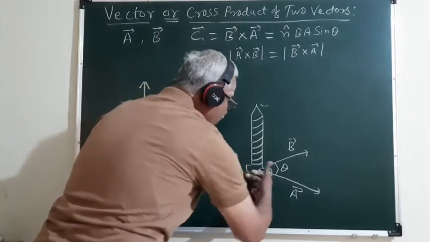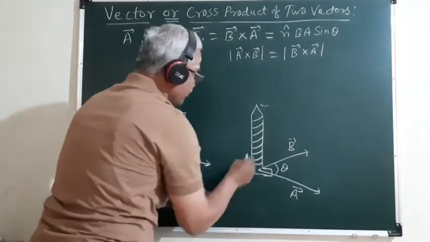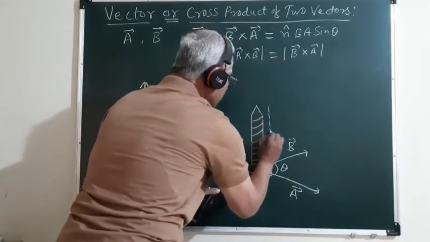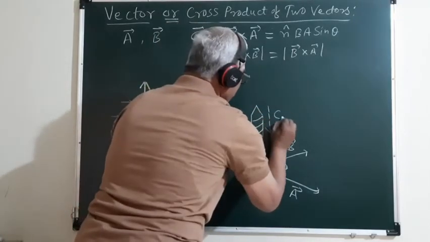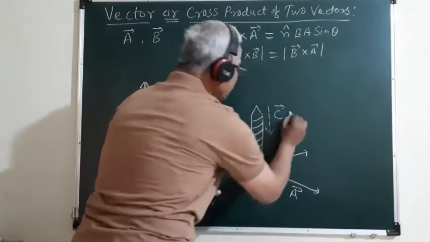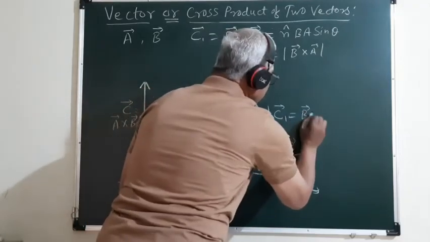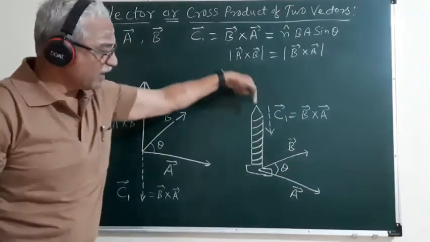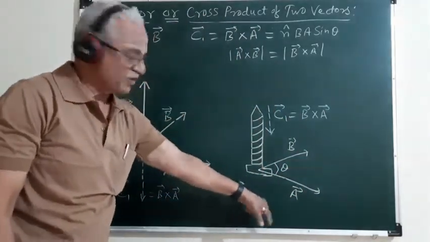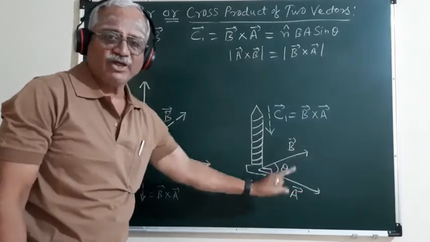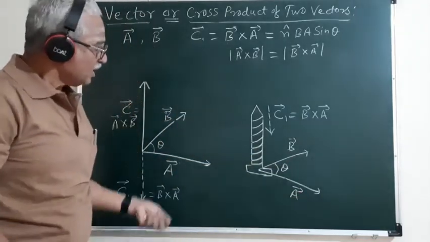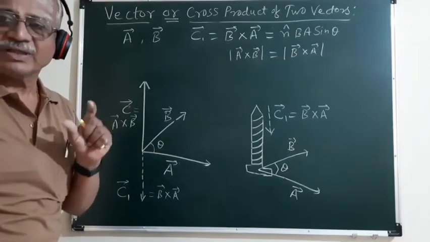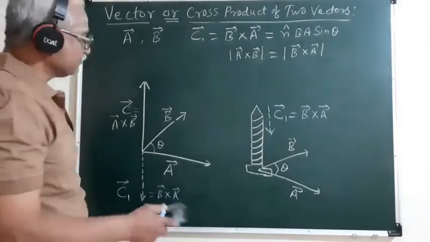So if we rotate this screw in the clockwise direction, the tip of the screw is found to be directed in the downward direction, so that the vector C1 bar representing the cross product of B bar and A bar will be pointing in the downward direction and perpendicular to the plane of A bar and B bar. So that is how we can know the direction and the magnitude of the cross product of two vectors.